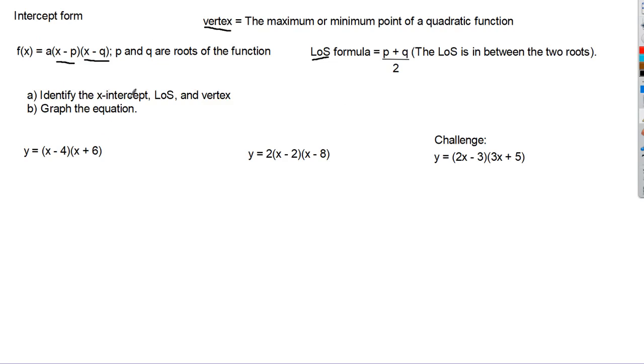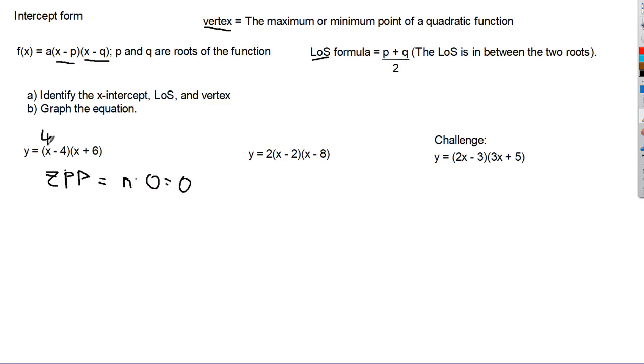So identify the x-intercepts, LOS, and vertex. The x-intercept for this equation is when this equation becomes 0. So using the zero product property, anything times 0 is 0.